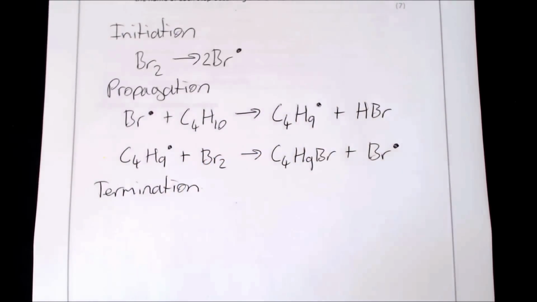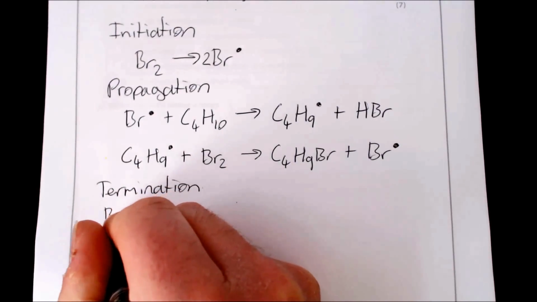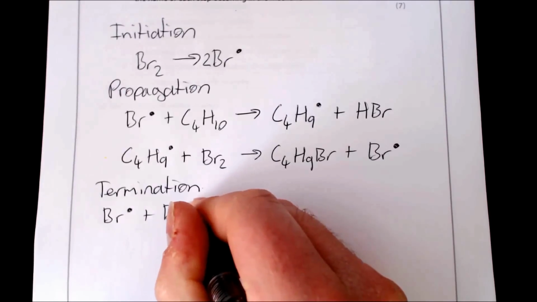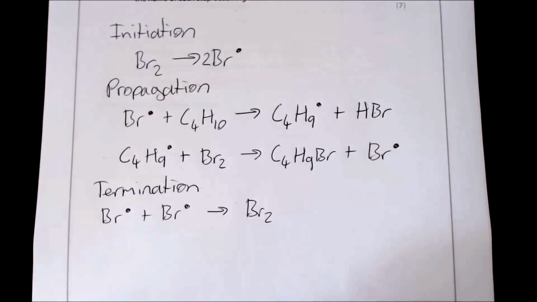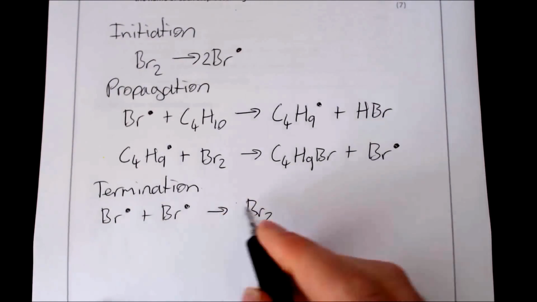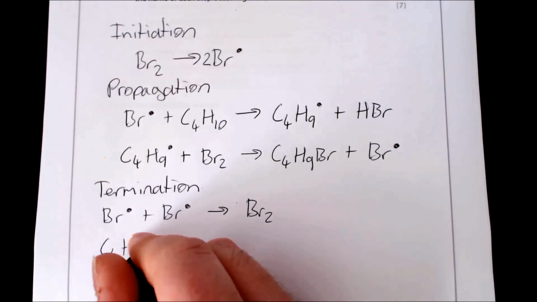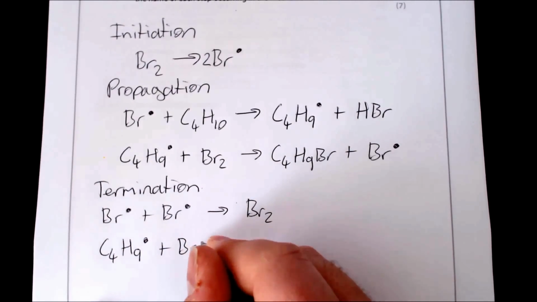Now, it hasn't specified what termination reaction we want, and there's actually 3 different types of termination. Any one of these would get the mark, really. So termination is always two radicals joining together. So you can have that one, Br dot plus Br dot. You could have another radical with C4H9 dot, and that can react with Br dot.